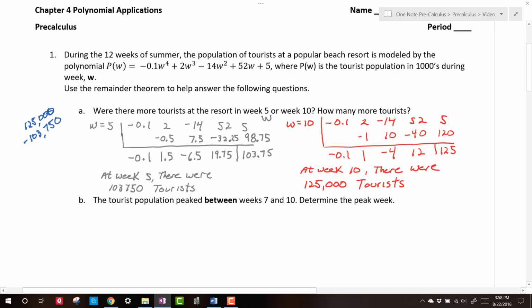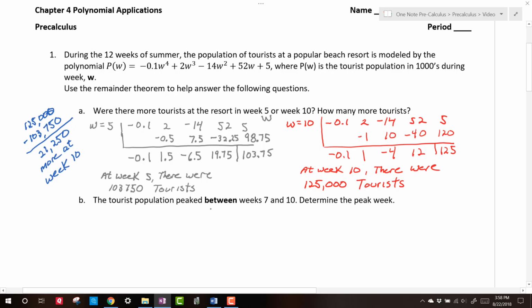So that's going to be 21,250 more at week 10. All right? So just getting used to using the remainder theorem and answering some questions using that.